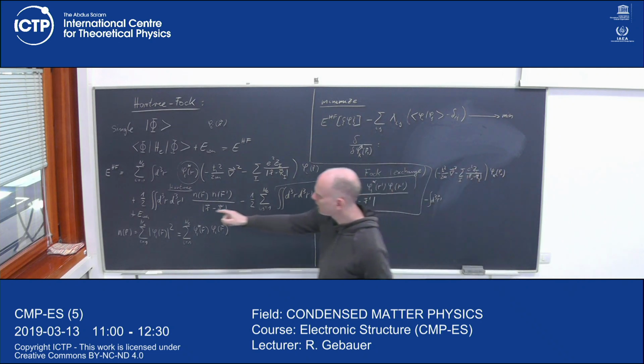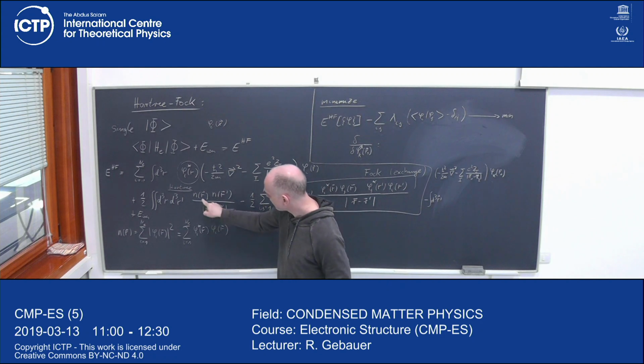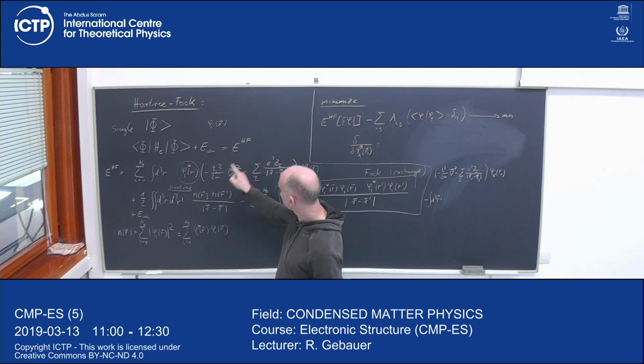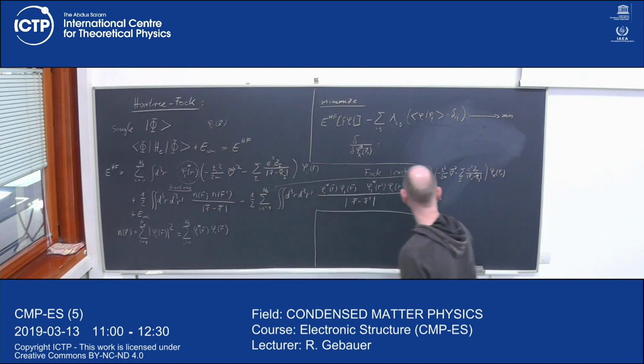So the half term will give me minus an integral d3r prime. One of the two integrals goes away because I take, for example, r to be the r1 where I derive, and then only one of the integrals is left.